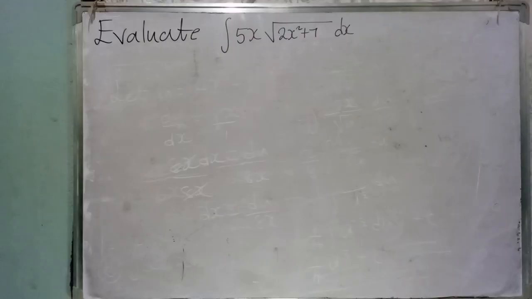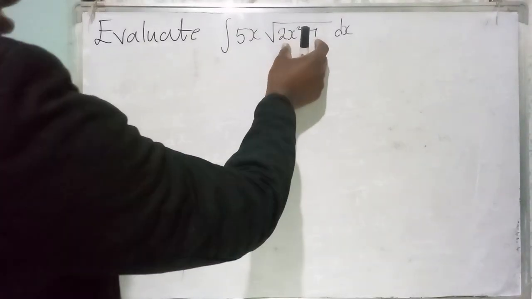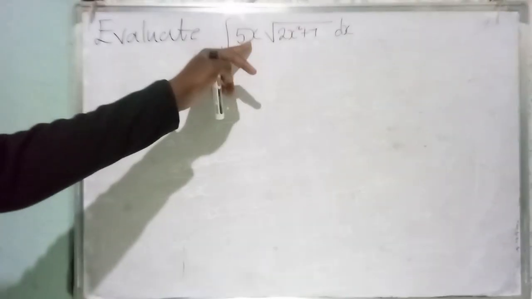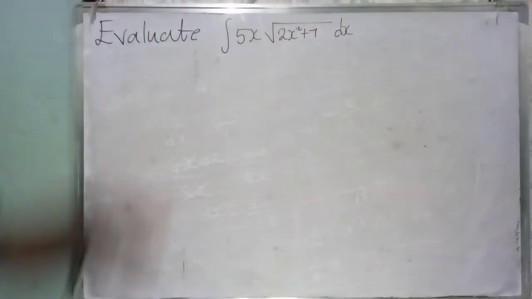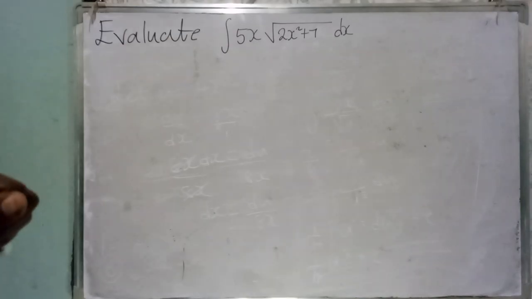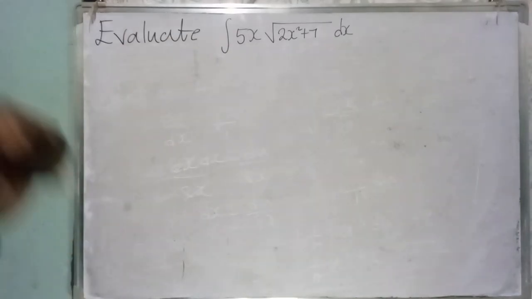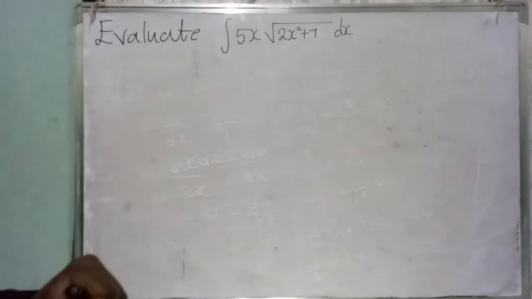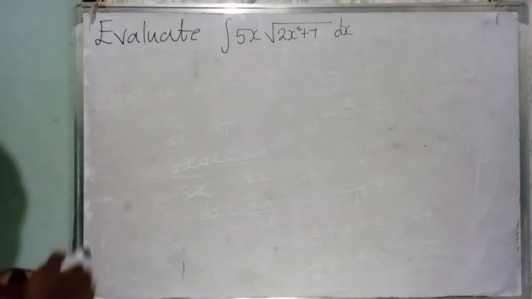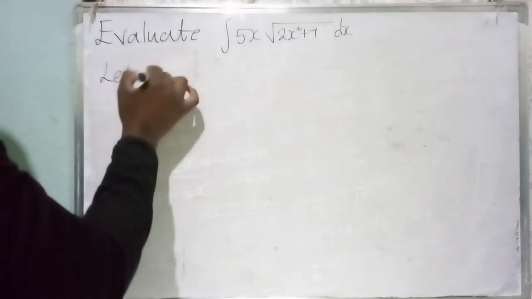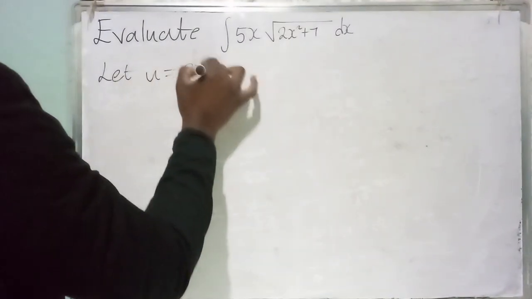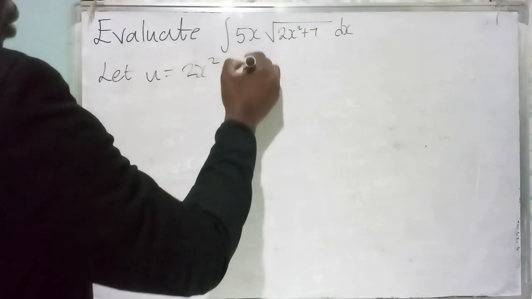If you have this type of equation where what is in the square root has the highest power of x, and what is outside the square root has the lower power of x, it means you are supposed to let u be equal to what is in the square root. So let u be equal to 2x squared plus 7.